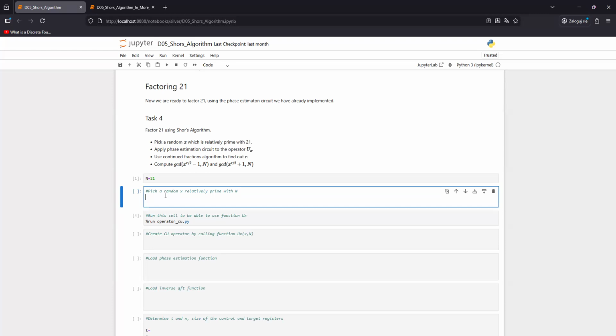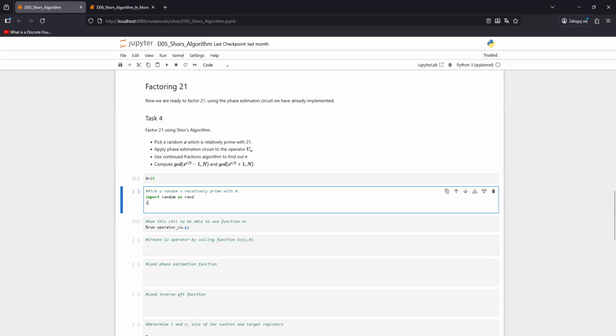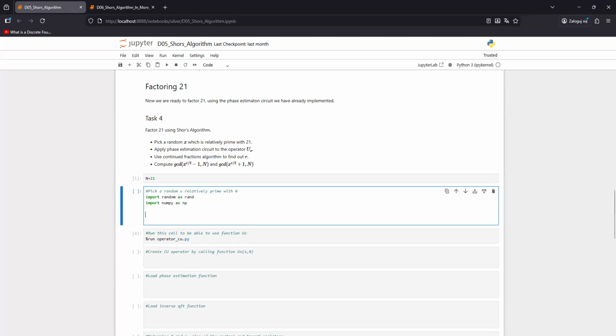Okay, so first of all, we need to get some random A. For that we will need some randomness, so we need to import random. And NumPy will also be helpful because in NumPy there is a function for calculating the greatest common divisor, so we don't need to do this by hand: import numpy as np.